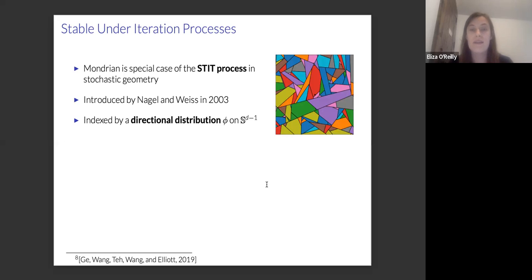And this is a very general class because it's actually indexed by what we'll call directional distributions on the unit sphere. Basically, for any probability measure on the unit sphere whose support contains D linearly independent unit vectors, there is a corresponding STIT process.